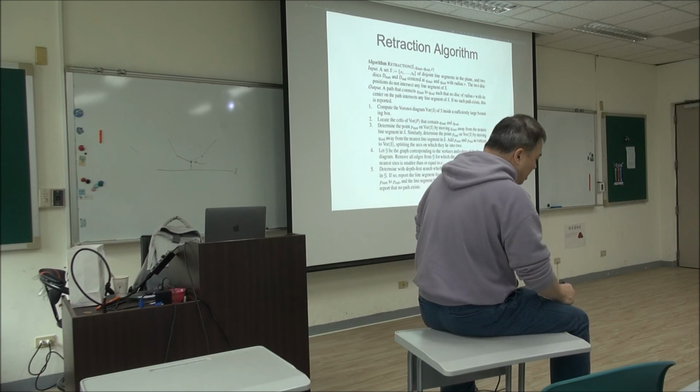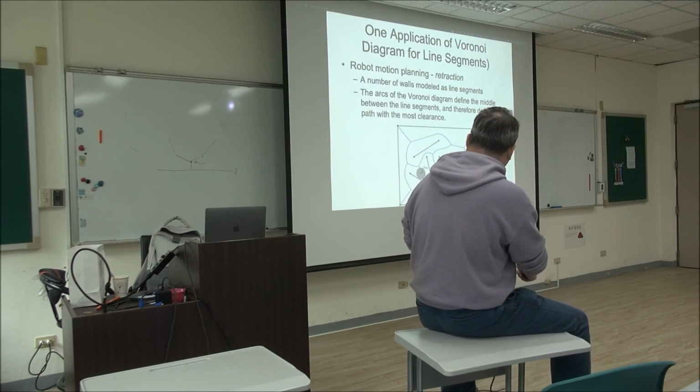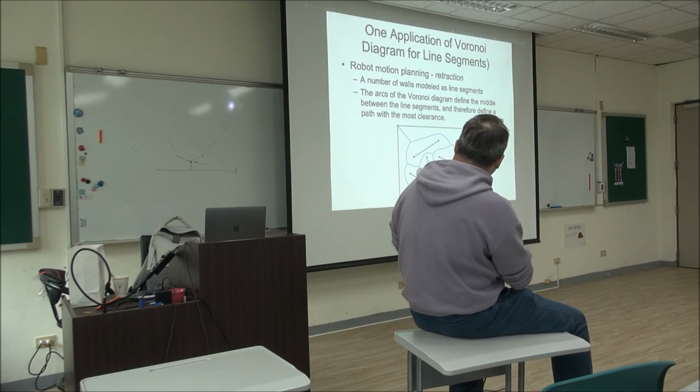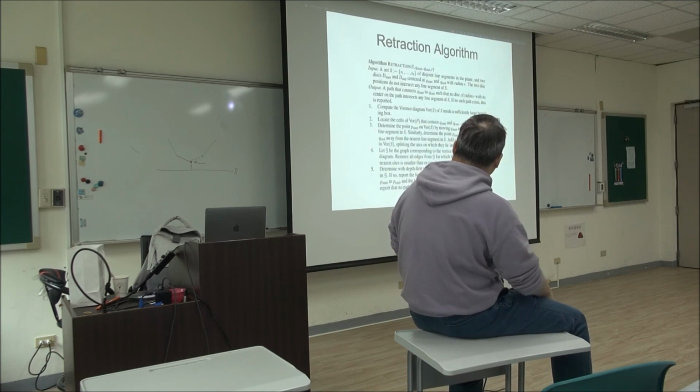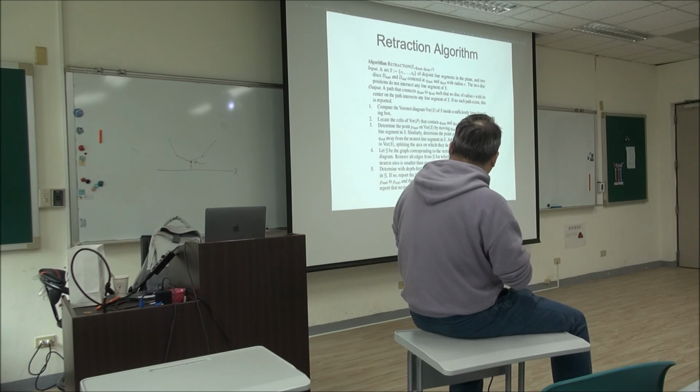We call this algorithm a retraction algorithm because we retract the robot from the nearest line segment to the Voronoi diagram. We retract not only the start point but also the end point. That's why we call it the retraction algorithm. But the basic idea is what I just described.